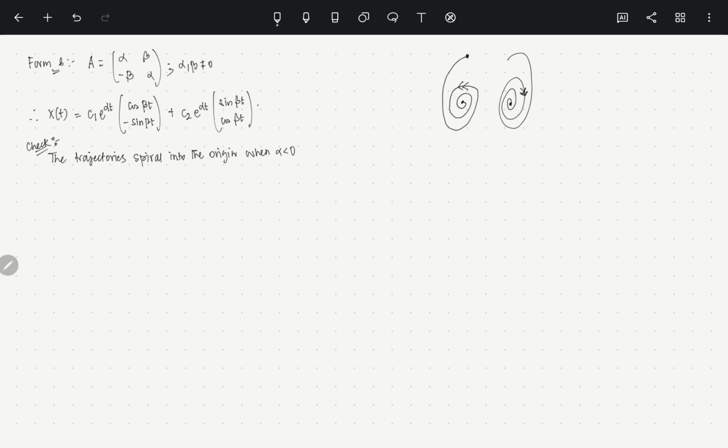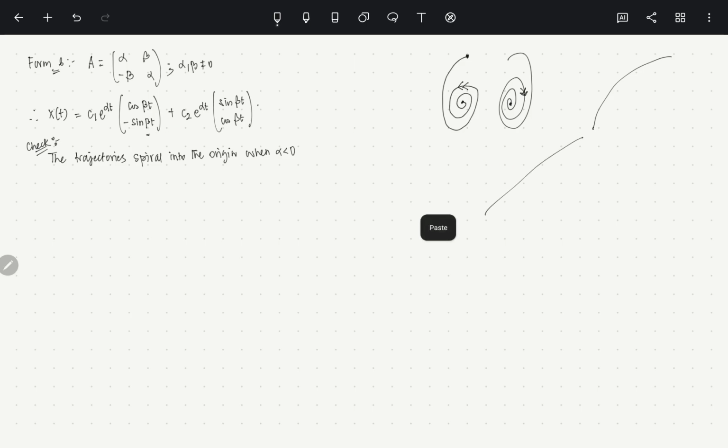So basically it starts from infinity somewhere. And as t tends to infinity, with alpha negative, e power alpha t goes towards 0. So all these trajectories are moving towards 0. But they can't move like in a straight line. Why?